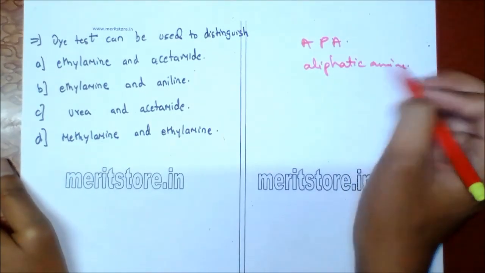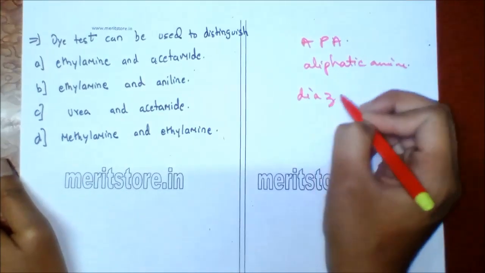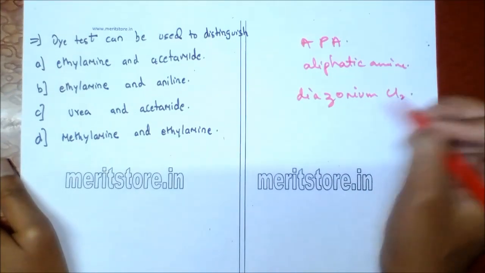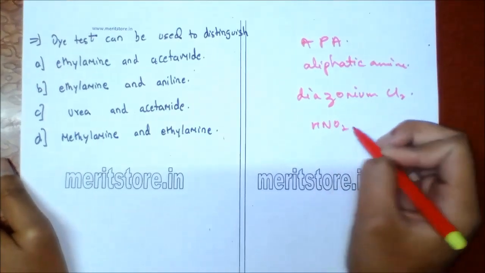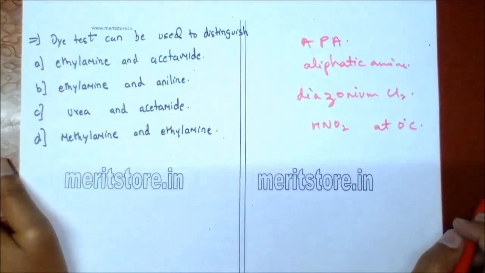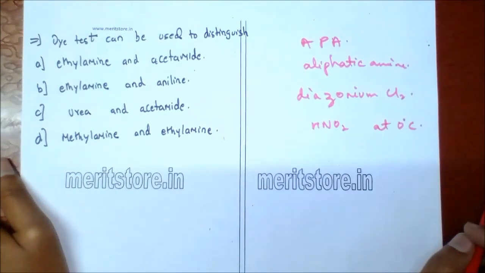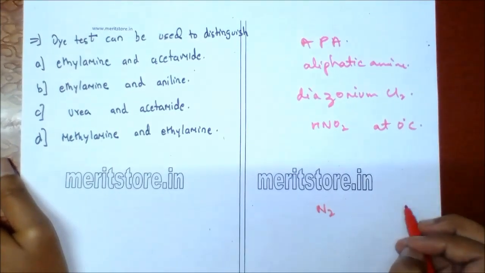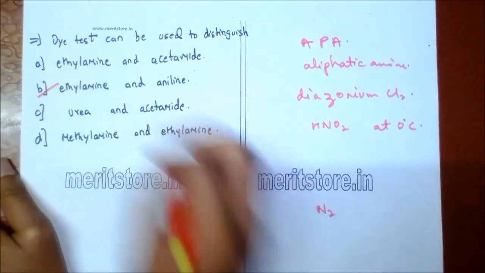Aniline gives diazonium chloride with nitrous acid at 0 degrees, which forms a colored dye with phenols. This is the azo dye. Aliphatic amines form alcohol with evolution of nitrogen on treating with nitrous acid. So option B is the correct answer.